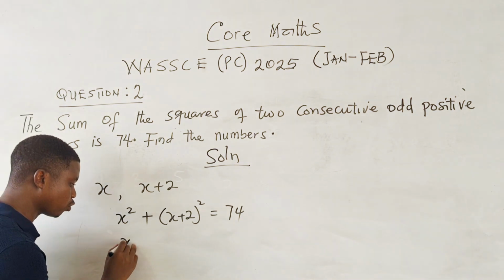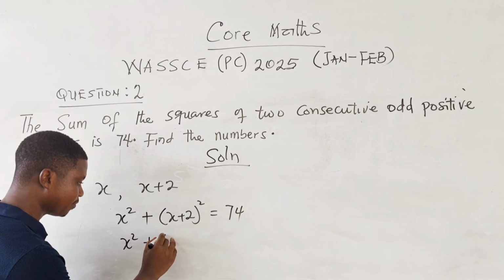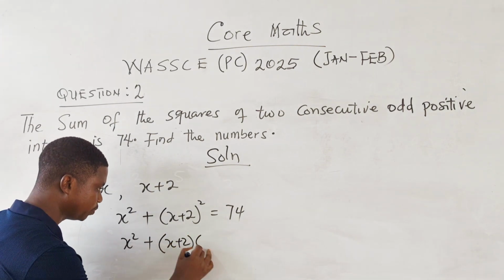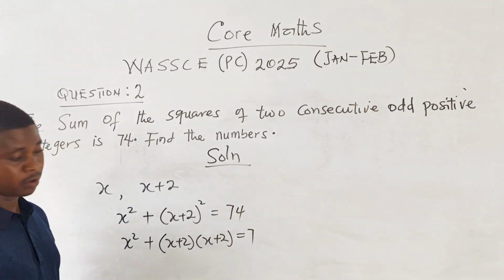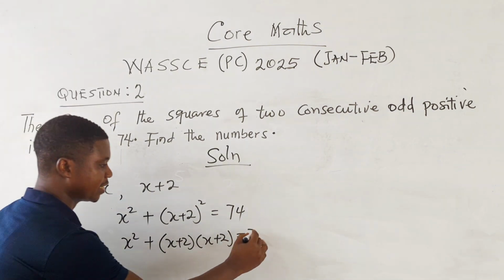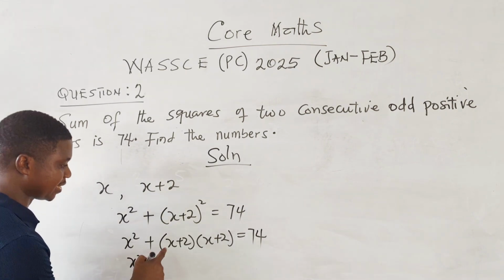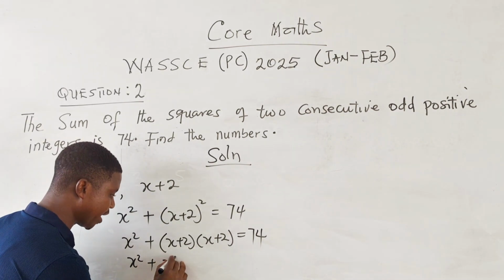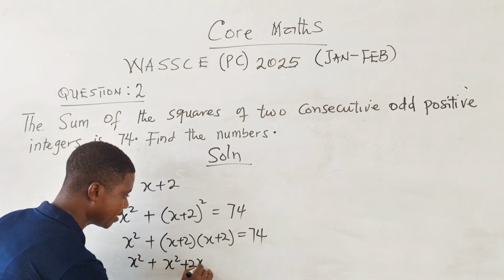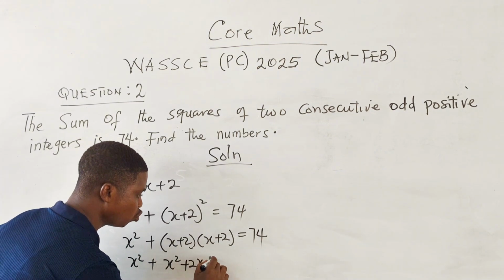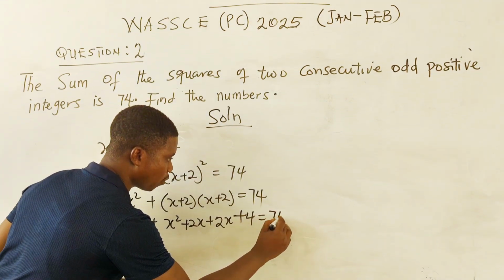So we have x squared plus (x plus 2)(x plus 2), and it should give us 74. So we have x squared plus x times x is x squared, plus x times 2 gives 2x, plus another 2x, plus 4 should give us 74.